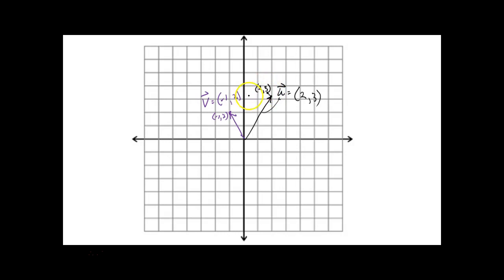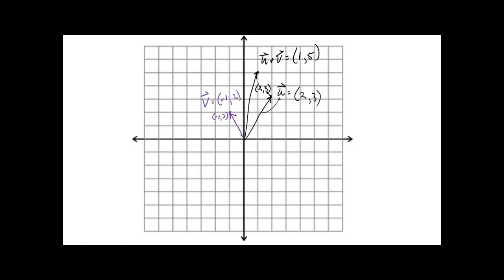If we're adding that, you add the 2 and the minus 1, that would be 1, so you're going to wind up here, and you add 3 and 2, that winds up 5, so that would be here. Here is the sum of those two vectors, and that vector sum, u plus v, would be 2 minus 1 is 1, and 3 plus 2 is 5. You just add their components.